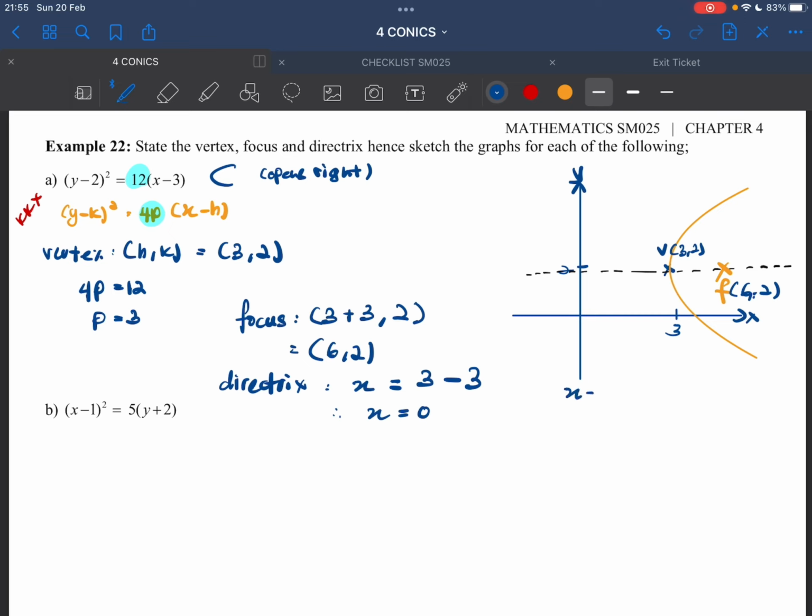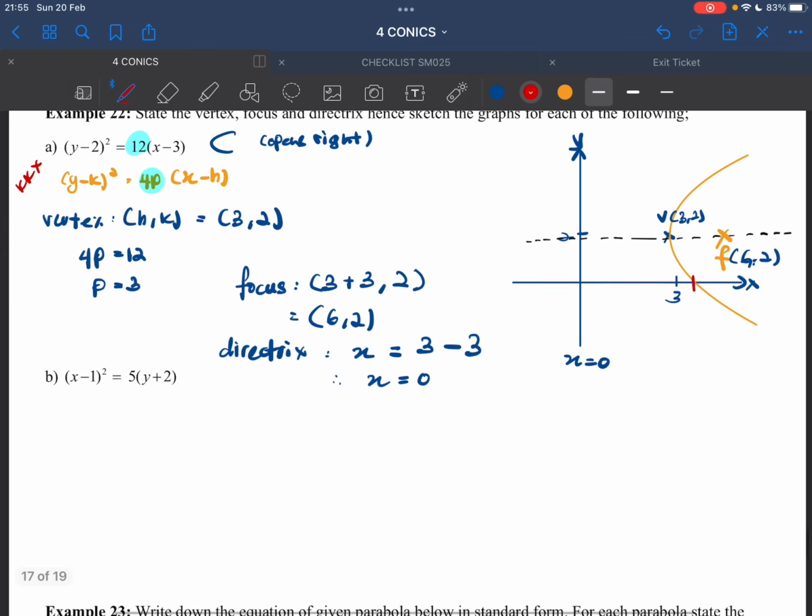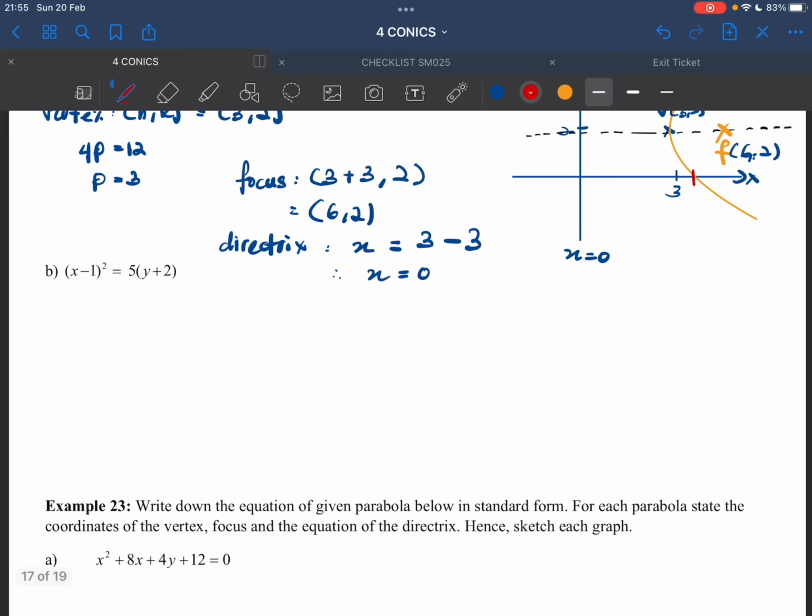Let's label that, and that's going to be your sketch of the parabola. One more thing that you have to do here is find the x-intercept. If there is a y-intercept, you have to find the y-intercept. I am not going to find it for you, you are going to find it by yourself. Okay, so let's continue to the second equation.